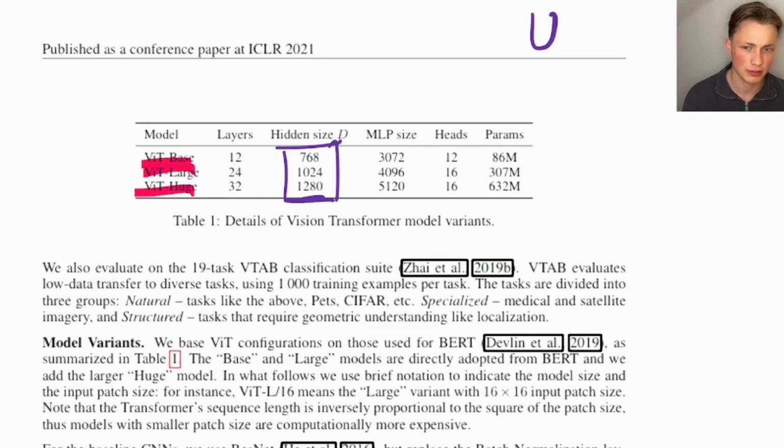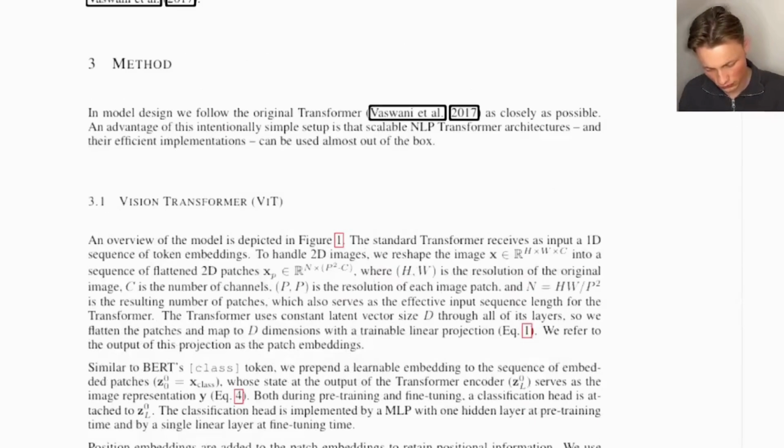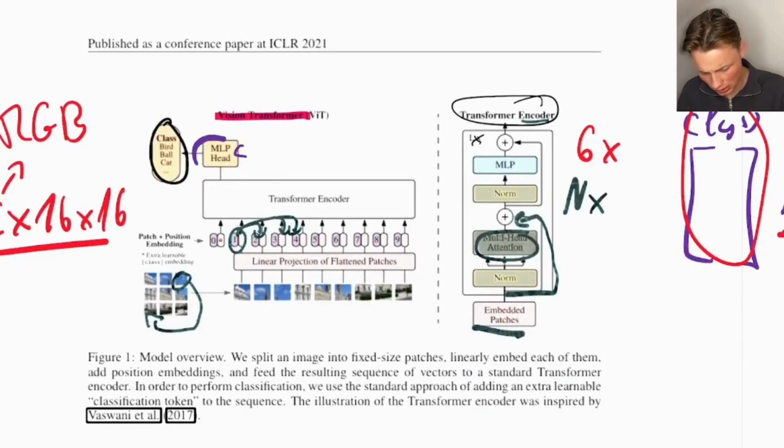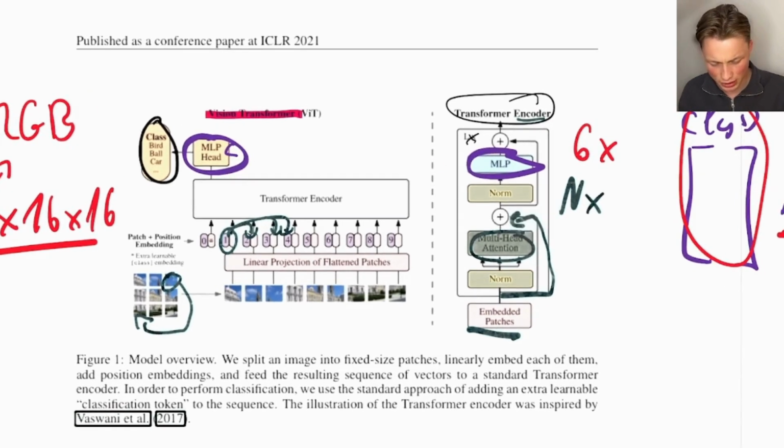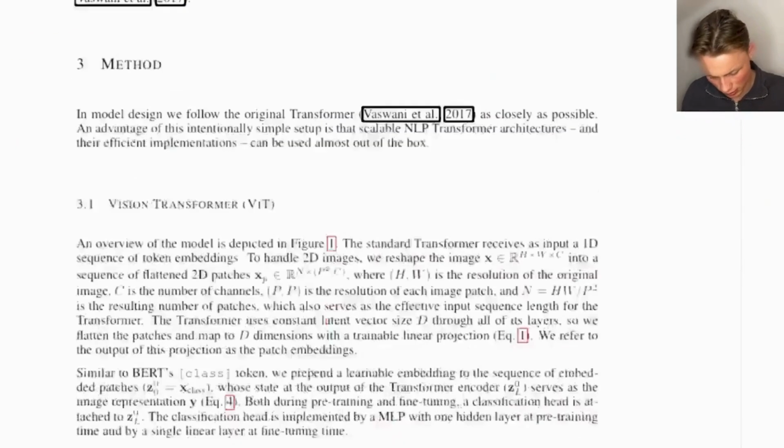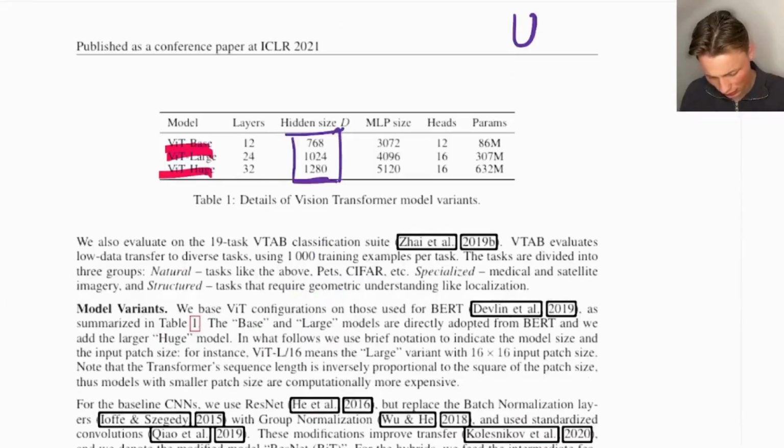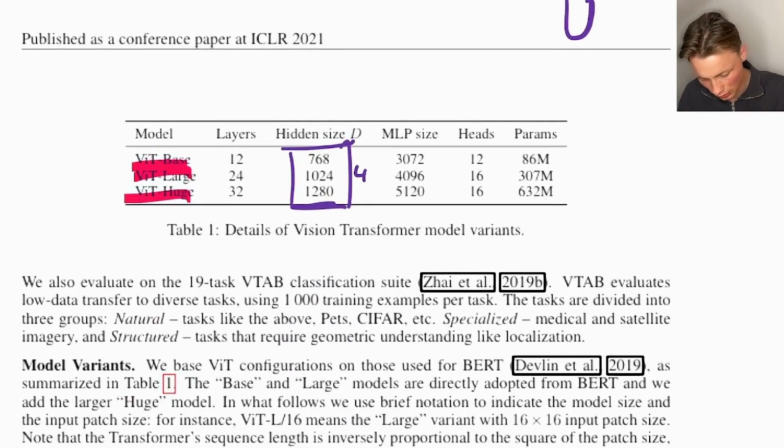So heads is for the multi-head self-attention, and MLP size is equal to how large the MLP will be. I don't know if they mean this MLP or the MLP here, but normally they mean this MLP because this one is pretty basic. So they're using this MLP, and most of the time it's a factor of 4. We can see it here. If we multiply this by 4, we get this MLP size.